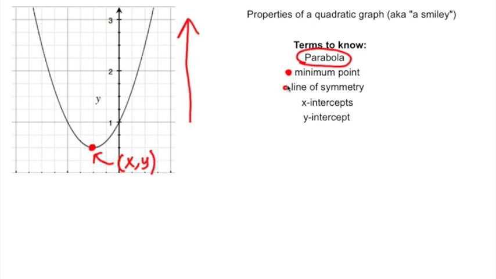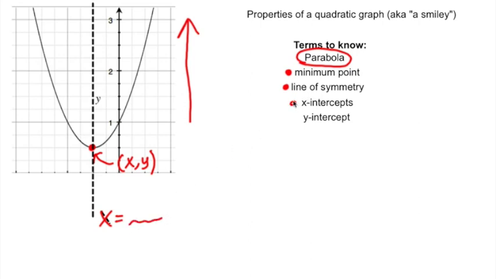The parabola also has a line of symmetry. A line of symmetry is an imaginary line that cuts the parabola exactly in half. It has a special relationship with the x value, and we often refer to it by its x value. So we could say x equals whatever that point is.